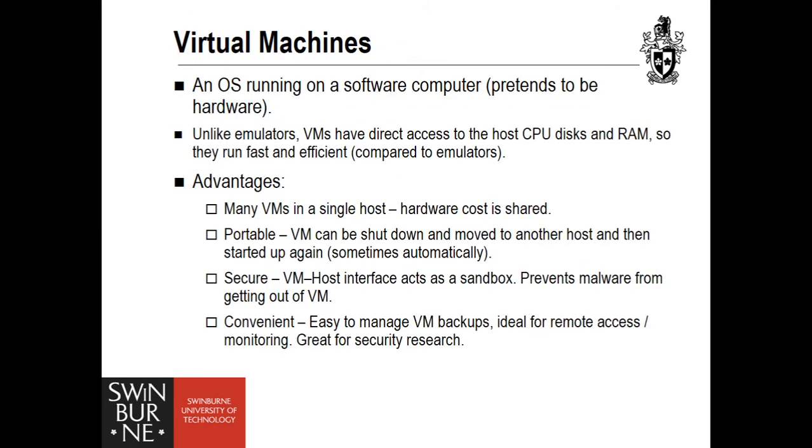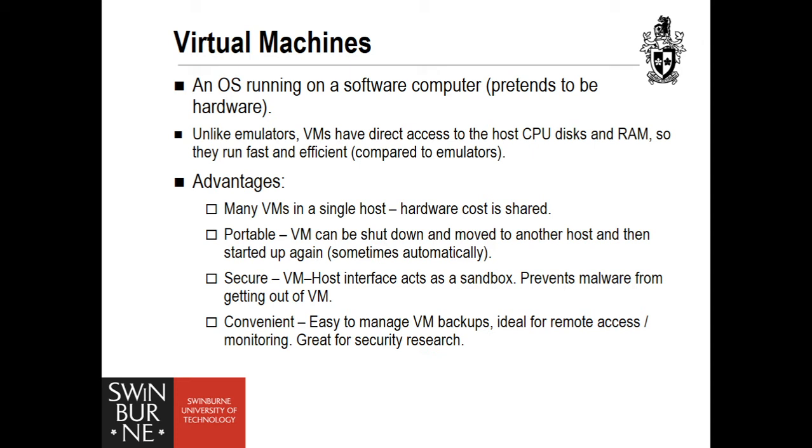What is virtual machine? A virtual machine is actually a software that allows an OS to run on a computer. Unlike an emulator, the software of a virtual machine has direct access to the host CPU, disk, and RAM, so they run fast and efficiently.